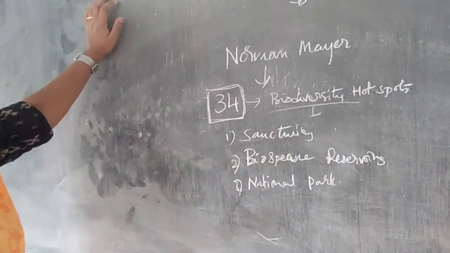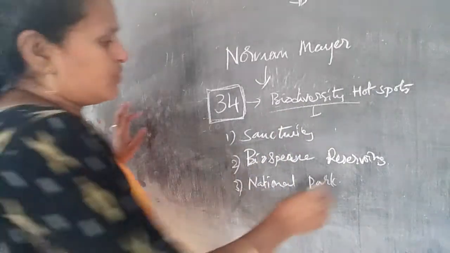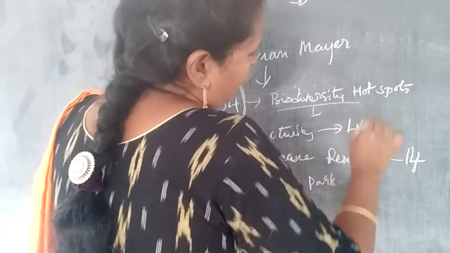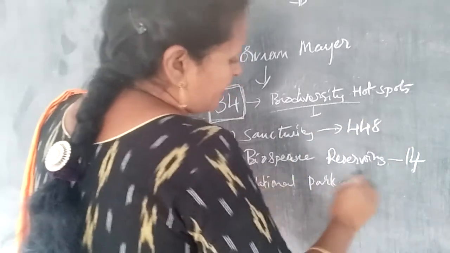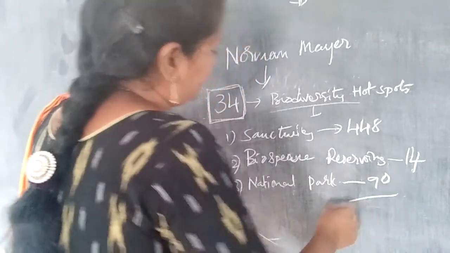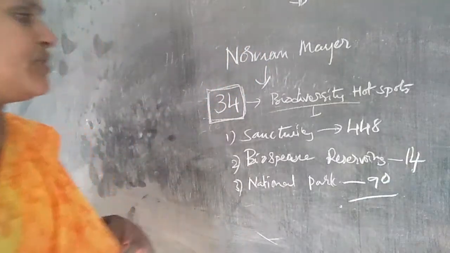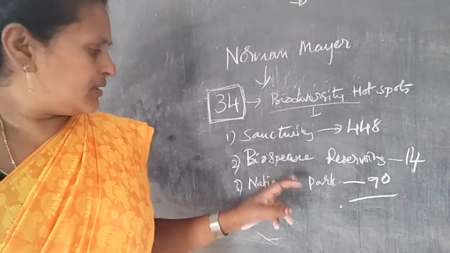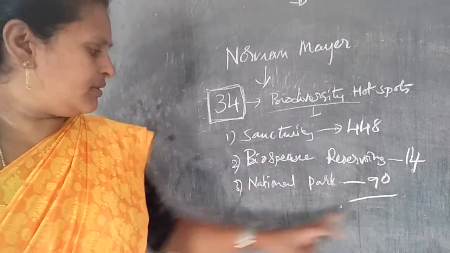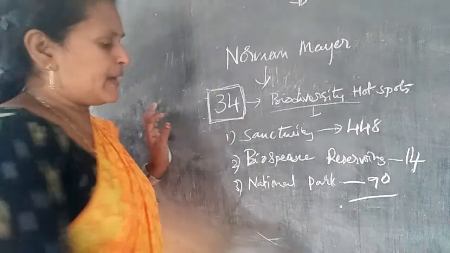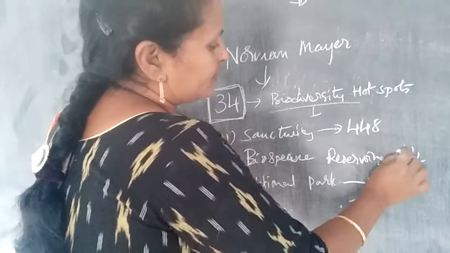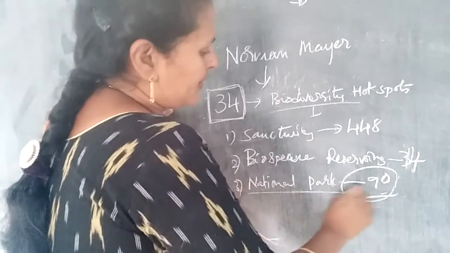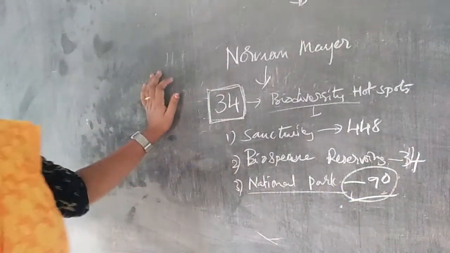Biosphere reserves are 14, sanctuaries are 448, and national parks are 19. So mainly the biodiversity hotspots are 34.